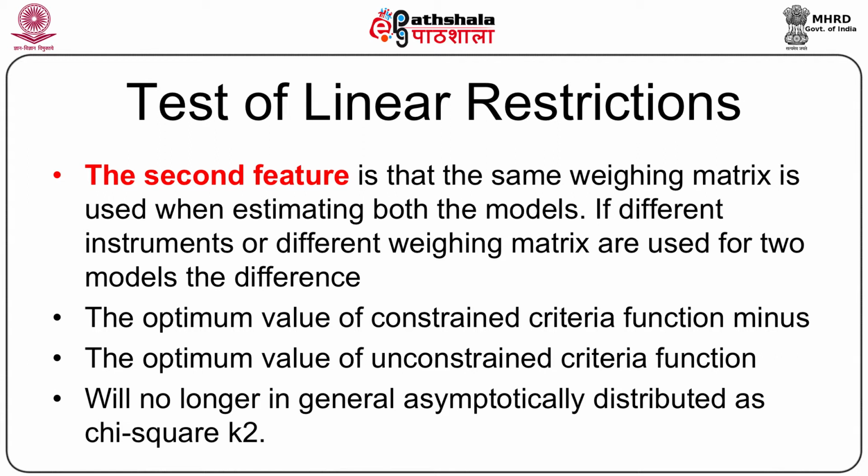So what we need, first of all, is to use the same instrument both in the case of the constrained as well as the unconstrained function, and secondly you need to use the same weighting matrix both in the case of the constrained and the unconstrained minimum.